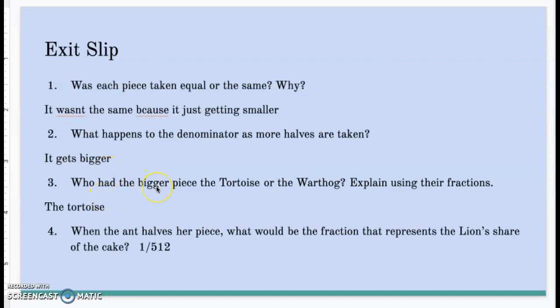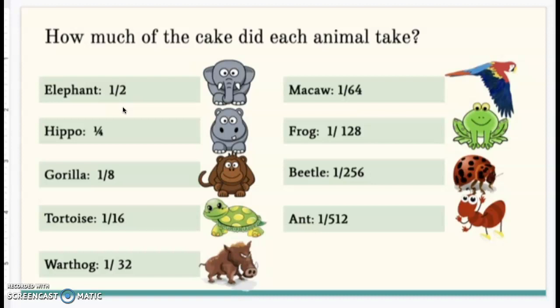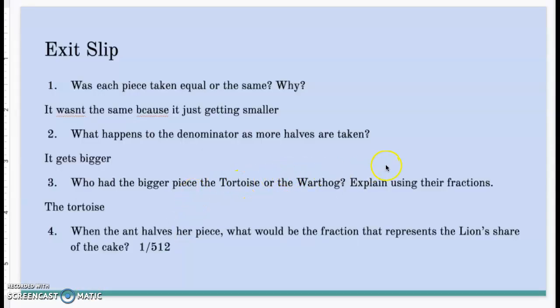Who had the bigger piece, the tortoise or the warthog? Explain using their fractions. So if we look back, the tortoise had 1/16 and the warthog had 1/32. The student said that the tortoise had the bigger piece, which is true. However, they did not explain using their fractions, and I did leave a note for them.